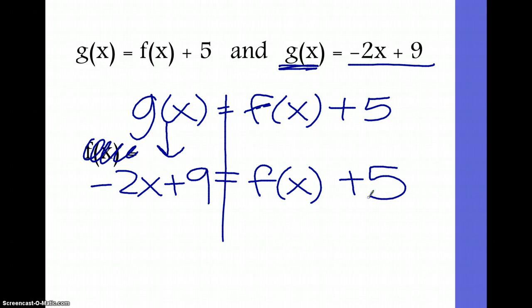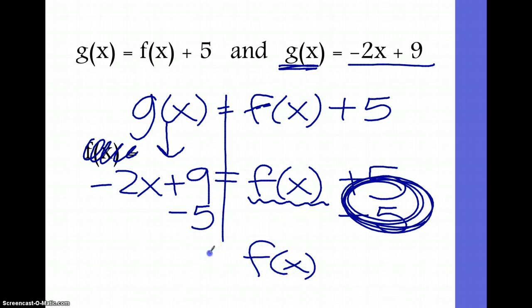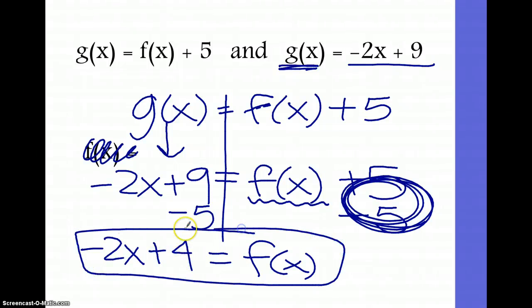On this one, we want f of x by itself, so if it's a plus 5, we have to do the opposite: minus 5 to get 0, minus 5. So f of x equals, bring down negative 2x, 9 take 5 away leaves us with positive 4. So f of x is negative 2x plus 4.